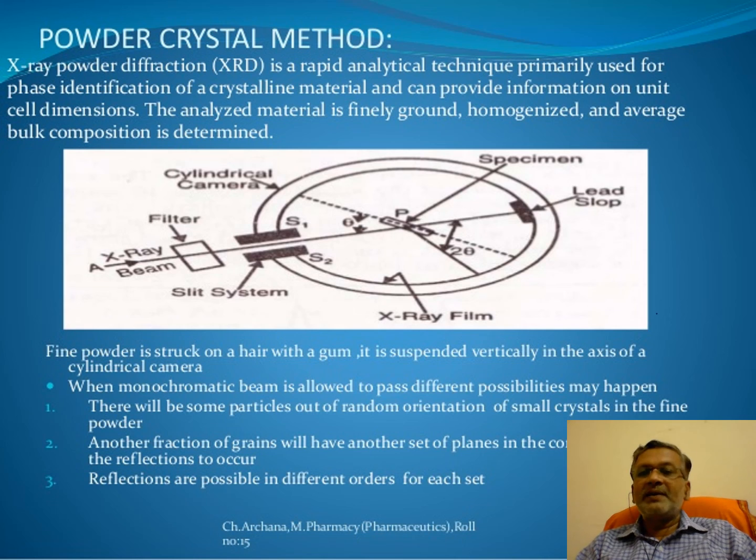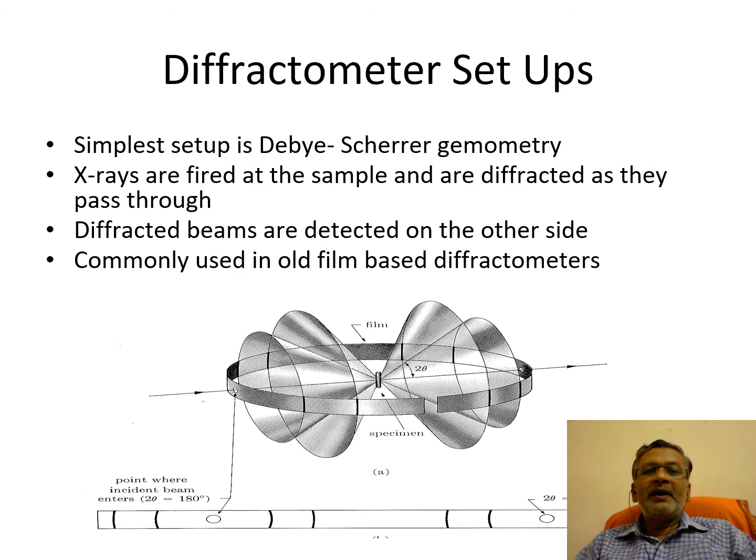So this is the Debye-Scherrer method, and the setup is here. Whenever X-rays are passed here, they are incident on the crystal. Various cones form, like these lines. This is one line, this is another line, this is another line. In this way, these lines are formed. The spacing between the two lines and the intensity of these lines matter.